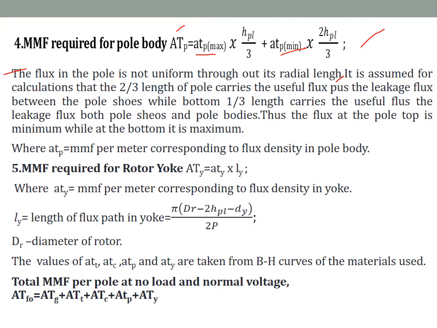It is assumed for the calculations that the 2/3 length of the pole carries the useful flux plus the leakage flux between the pole shoes, while the bottom 1/3 length carries the useful flux and the leakage flux, both in the pole shoes and pole bodies. Okay, 1/3 carries useful flux. This is useful flux.